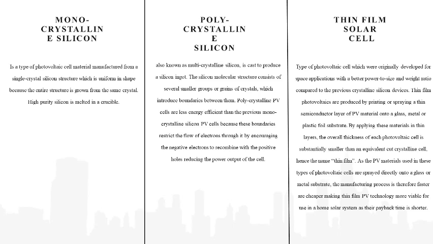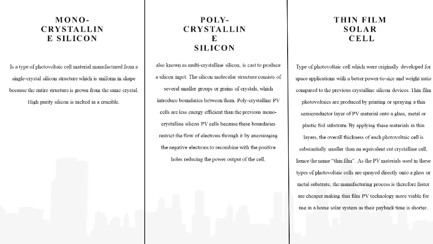The silicon molecular structure consists of several smaller groups of grains of crystals, which introduce boundaries between them.